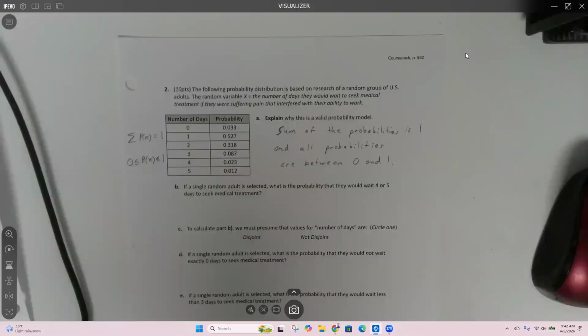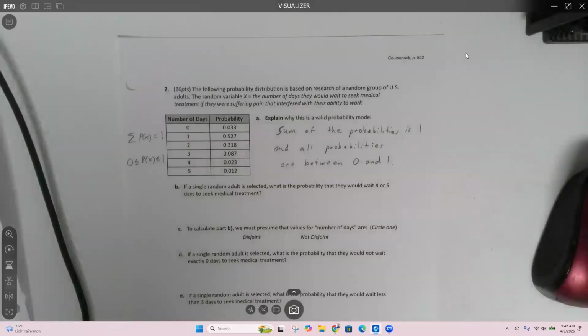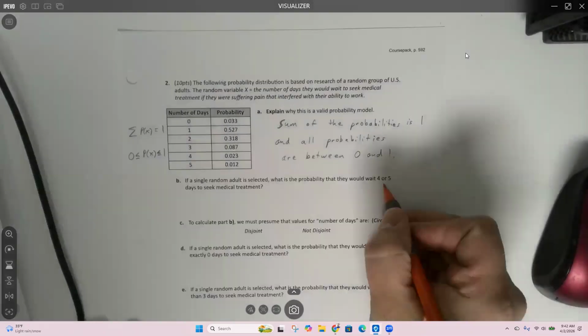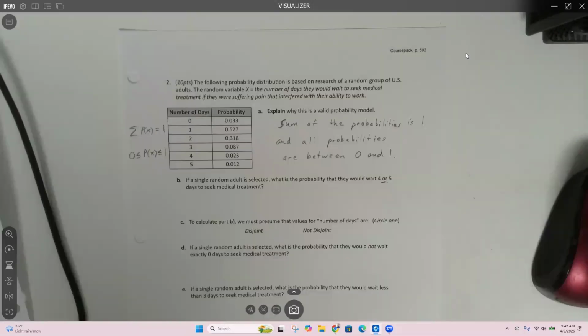All right. If a single random adult is selected, what's the probability of... okay. So the word or in statistics means you have to stop and think for a second because it's going to depend on whether it is disjoint or not disjoint. Okay.